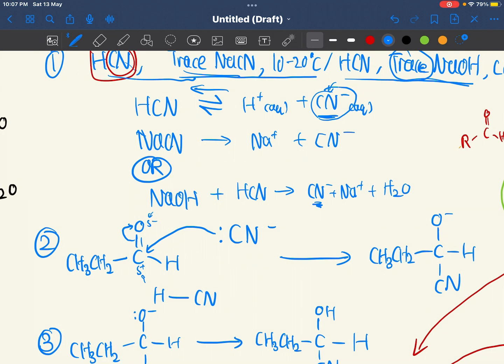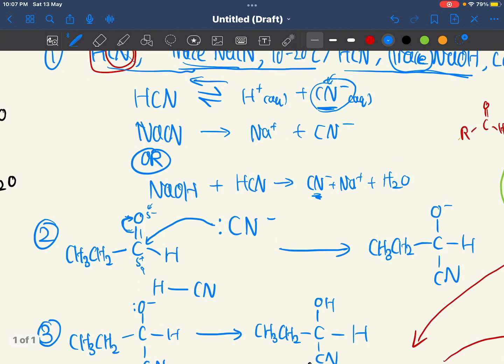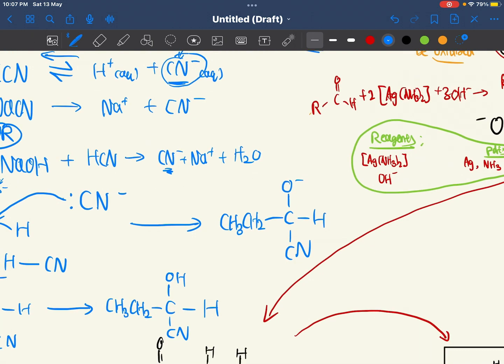The pi bond will break heterolytically to give to my oxygen atom, and my bond pair electrons on the carbon atom, I explained earlier why it's C and not N, will attack our electron deficient carbon atom, and then it will form this intermediate product. So now I have my negative charge on O. Why? Because it gained an additional electron.